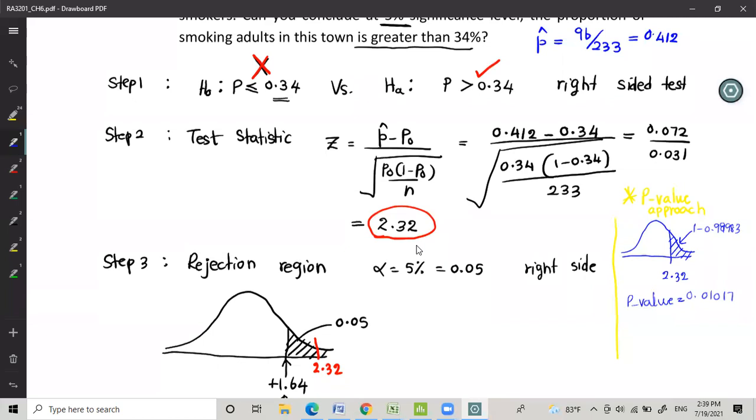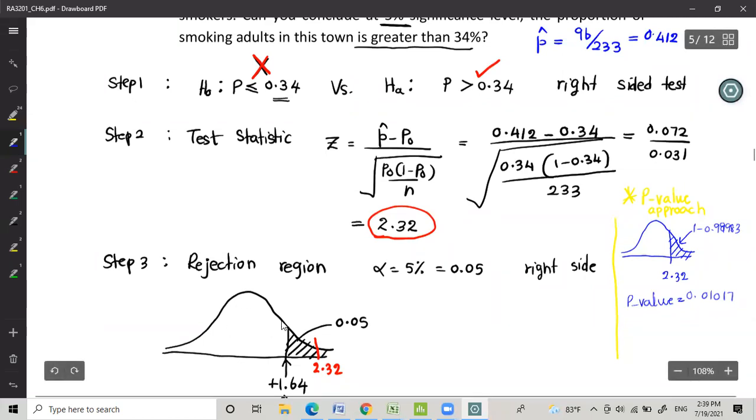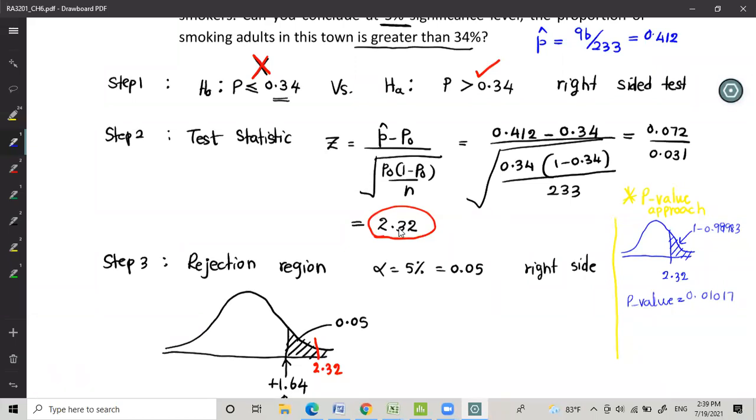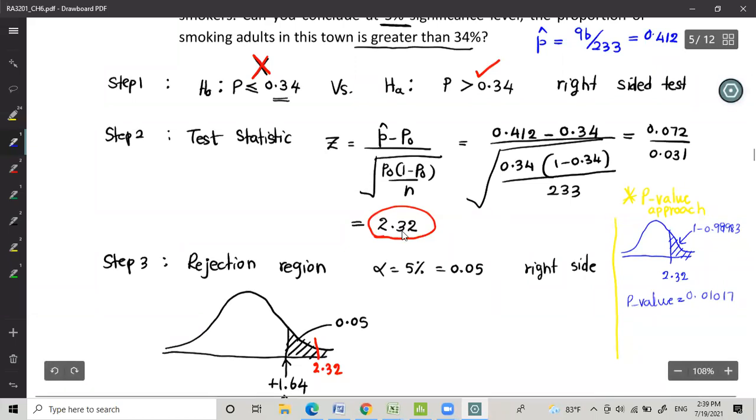After you find the 2.32, rather than finding the rejection region based on alpha, what we do is we read the Z table for 2.32. This is a right-sided test, so your p-value will be in the right tail. You find the p-value to the right of the test statistic, which is 2.32.